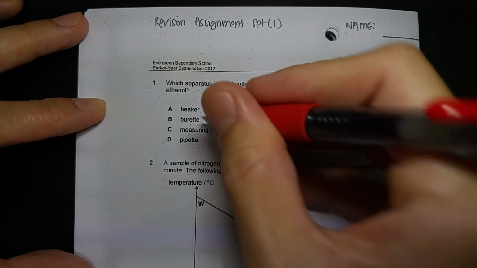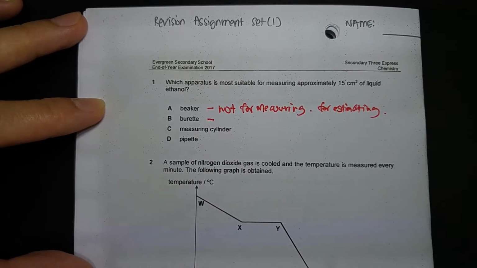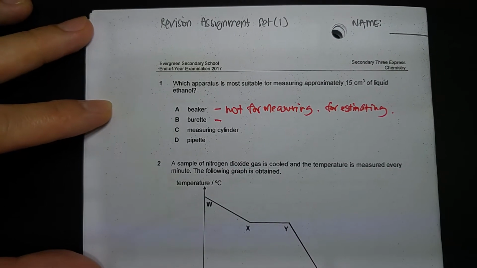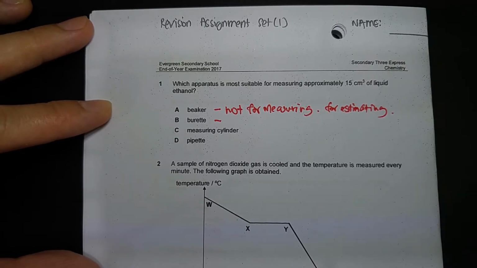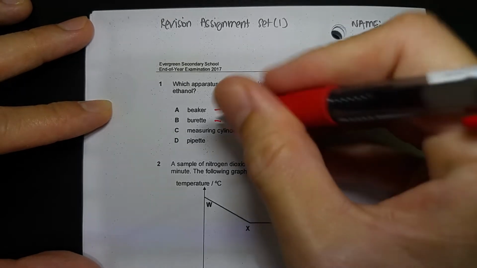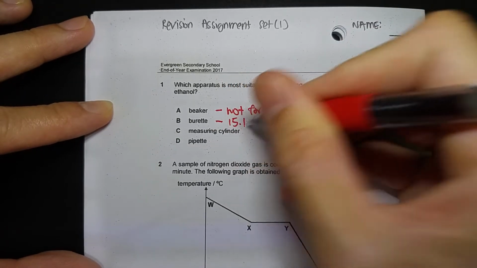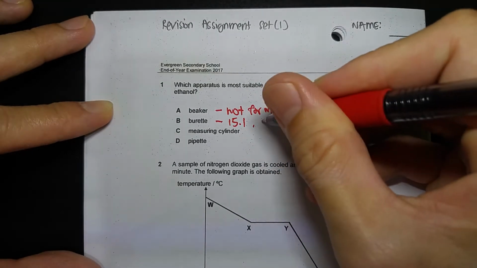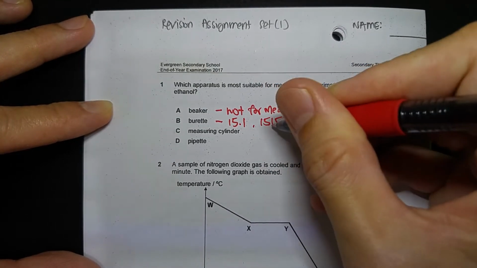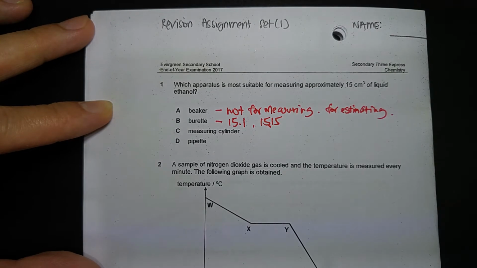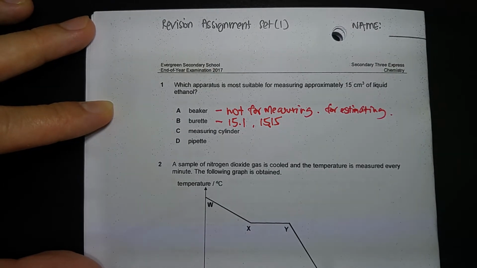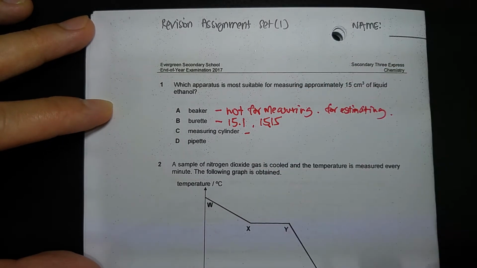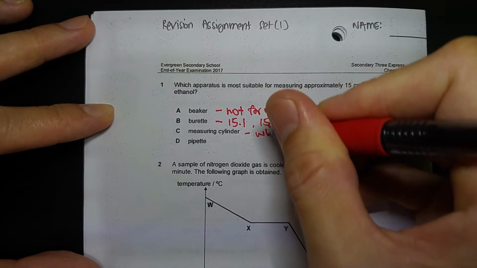A burette, yes, it can be used to measure the volume of a liquid, but usually the reading is to 1 decimal point or 2 decimal points, for example 15.1 or 15.15. That's for the burette.